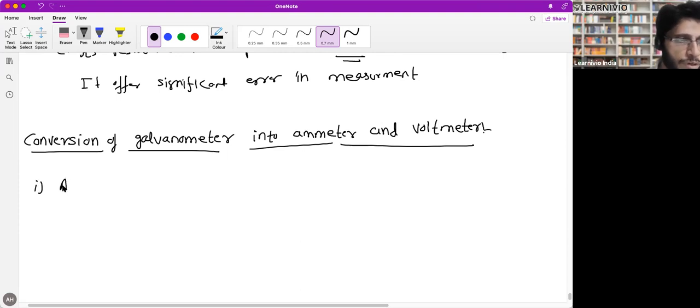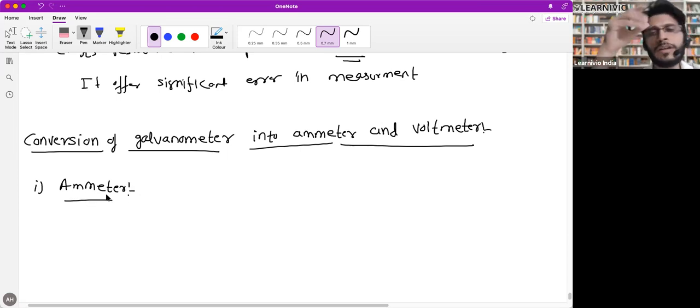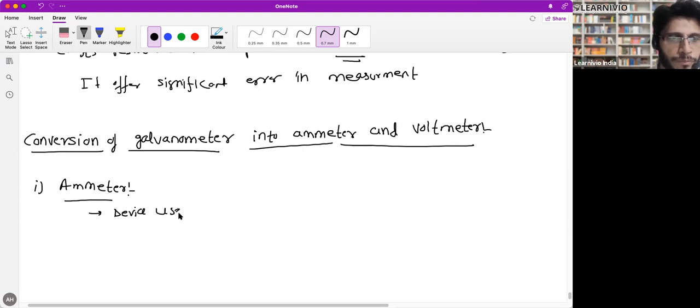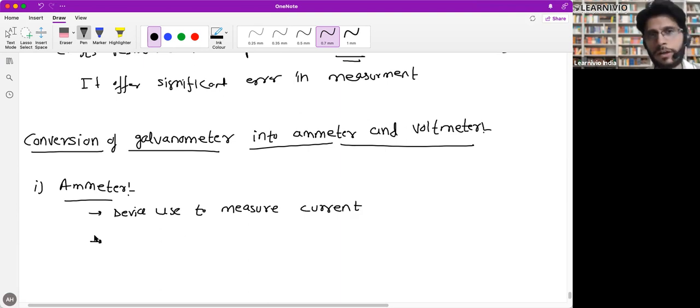Let's see first, what is an ammeter? An ammeter is a simple device which is used to measure current. So the device used to measure current is known as an ammeter.